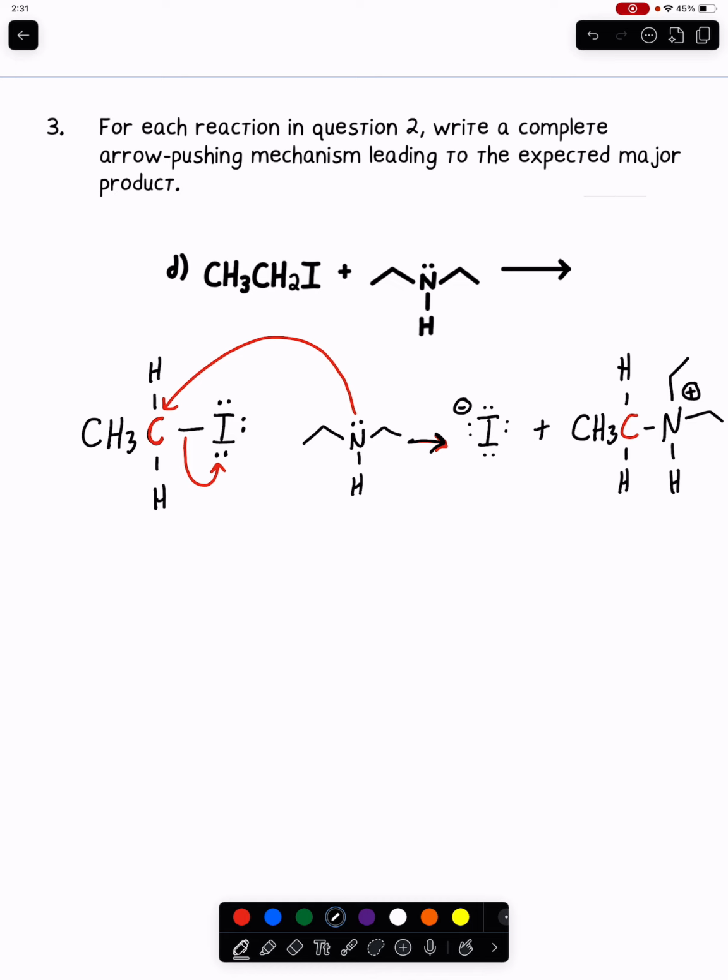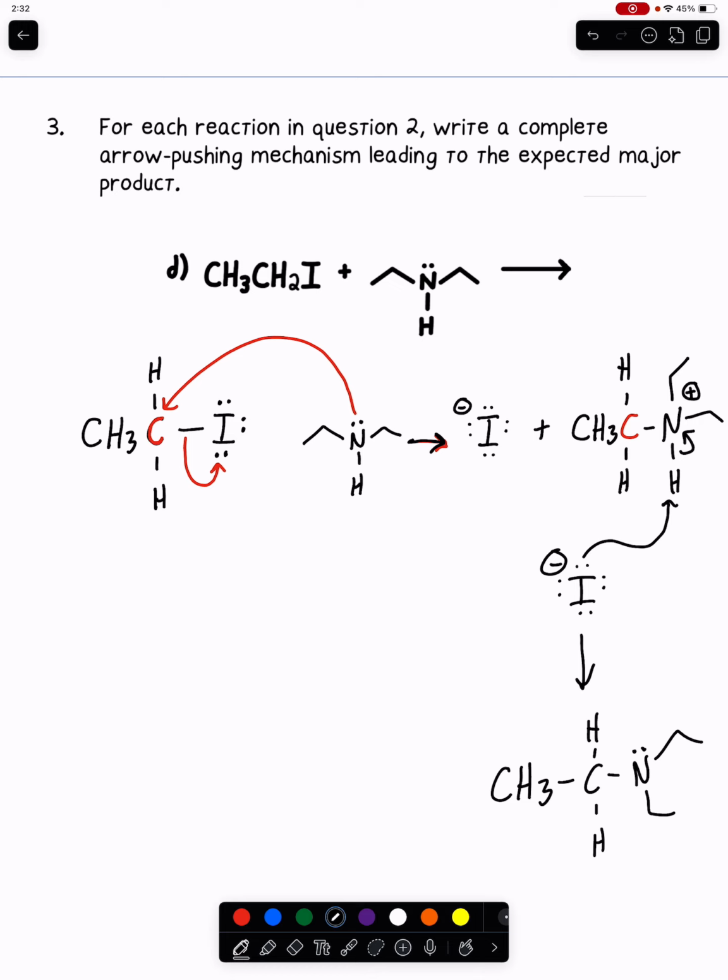We could also, I'll draw this in just to show you what could be happening, but is very unlikely, the iodine could take that hydrogen and leave these electrons on the nitrogen, which means we would end up with this as the major product. And there's the 2 ethyl groups still bonded to that.